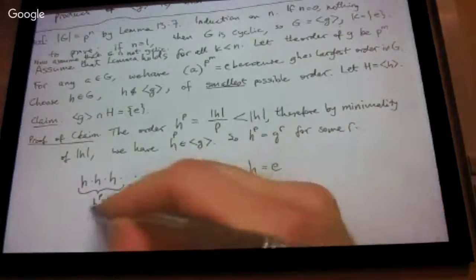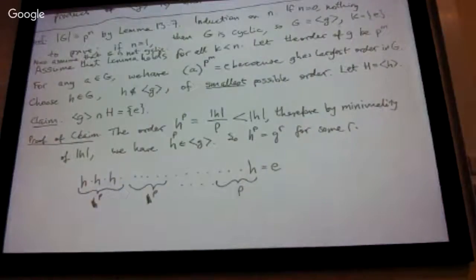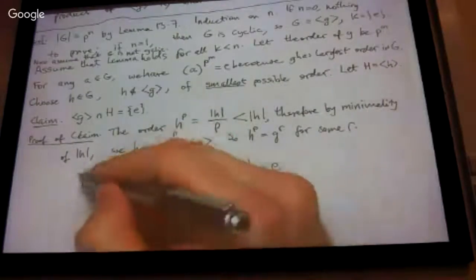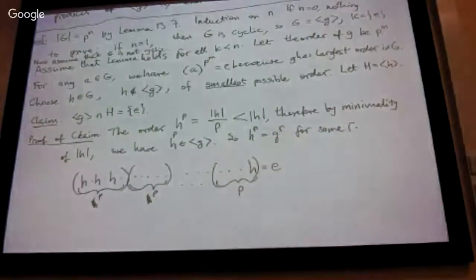I do this p times. So how many of those bracketed things do I need? Well, p times fewer than I needed for h. Oh, I get it.